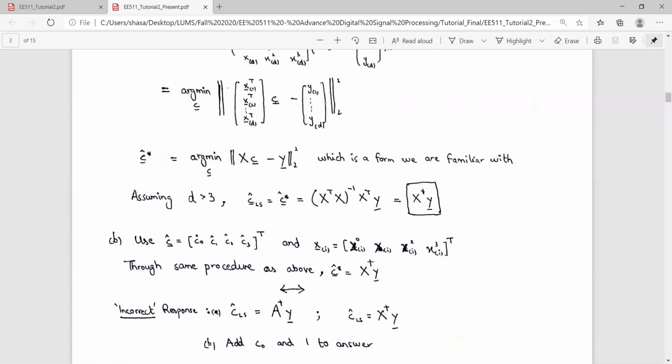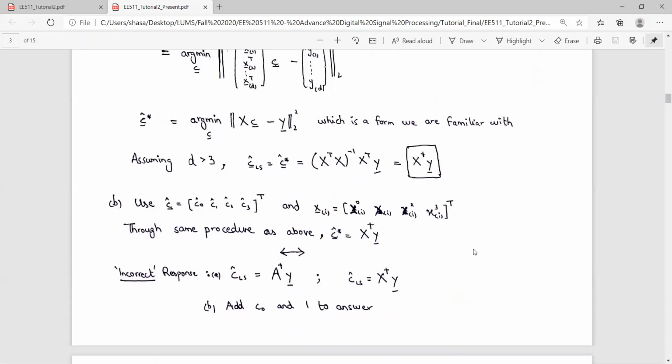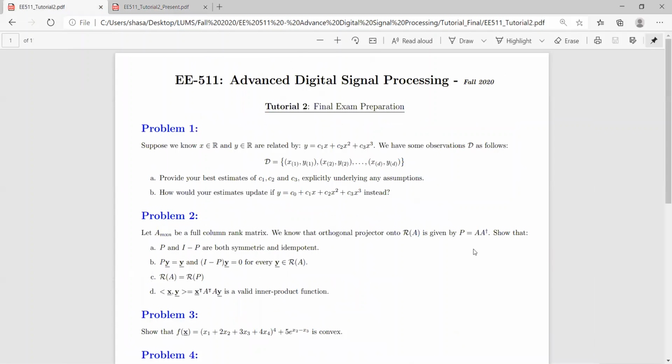Similarly for part B, just writing something like 'add C naught term and 1 to the answer' is not sufficient. Although it is reasonably possible that you reached the correct conclusion and you meant something like this, it is important to write what you really mean. So with this we have completed problem 1.